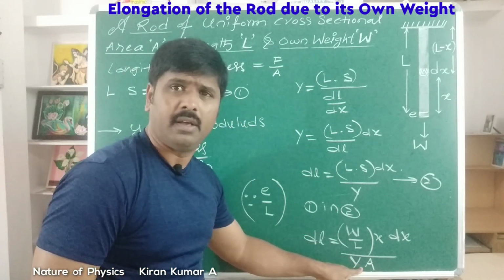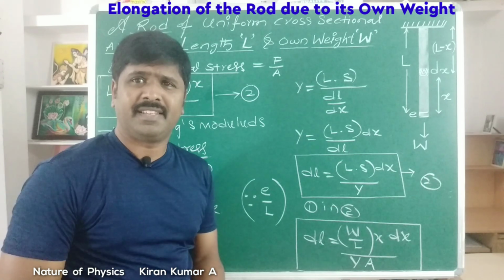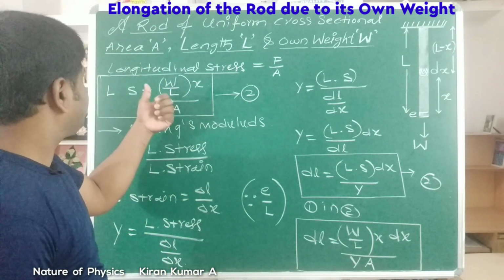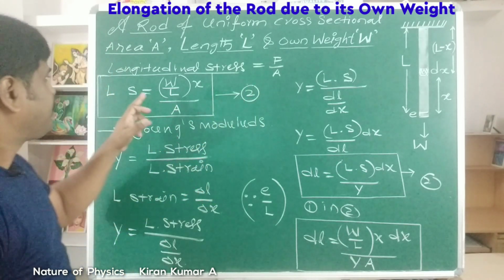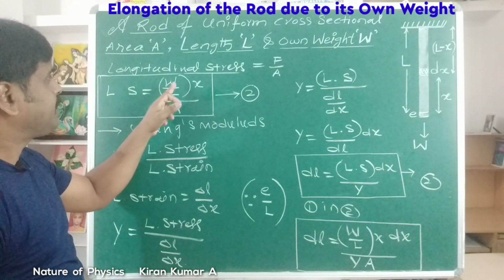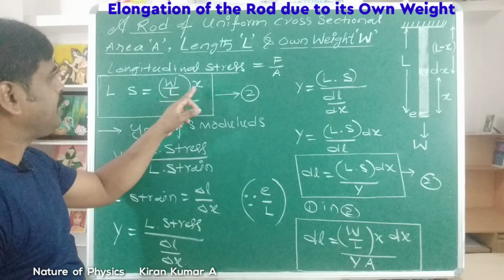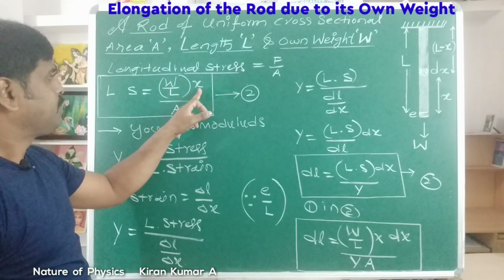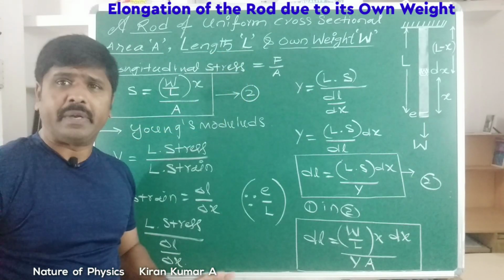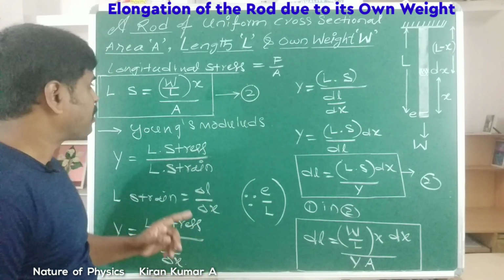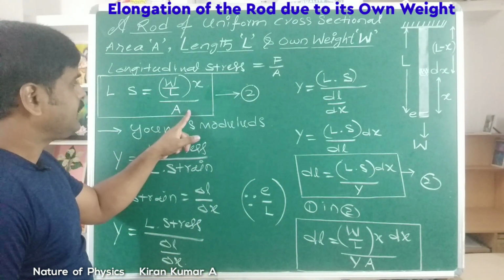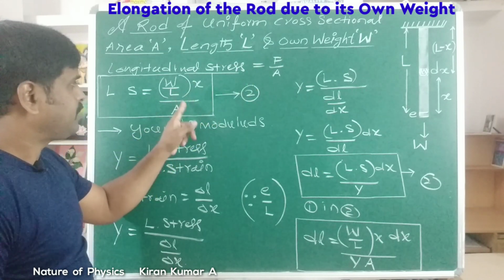Just a second. I first took longitudinal stress as force per unit area. So here longitudinal stress is equal to weight by length into x. That represents the weight, the force, which we take as the restoring force, divided by area, so F by A.